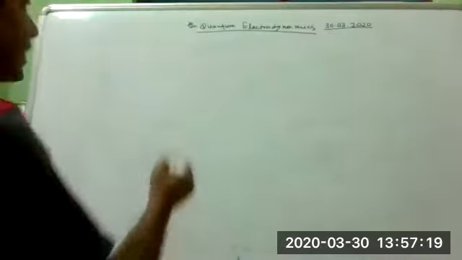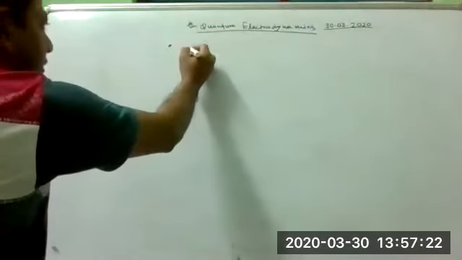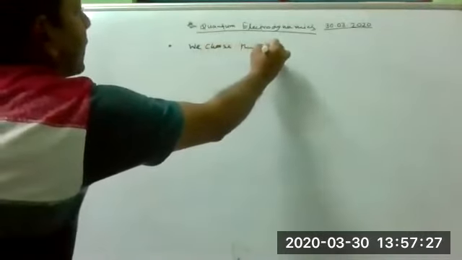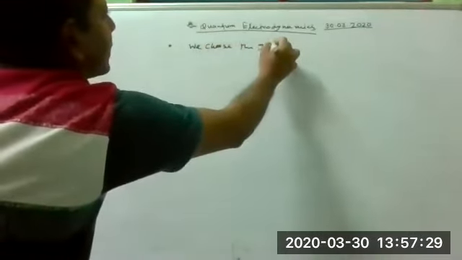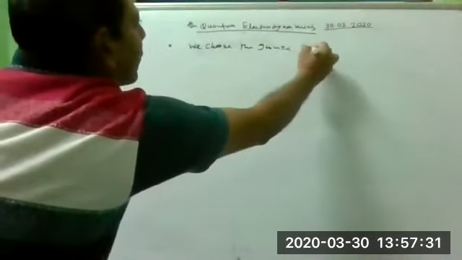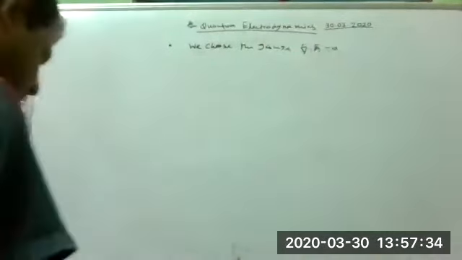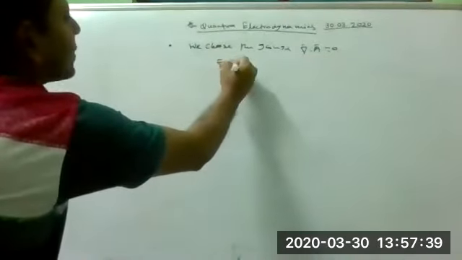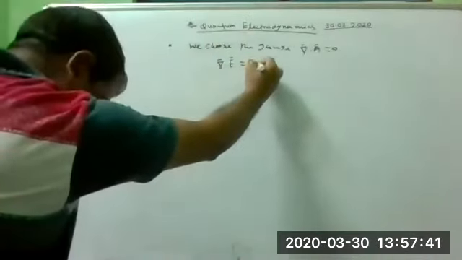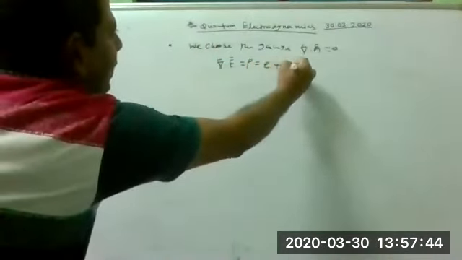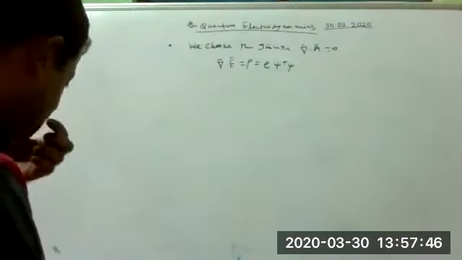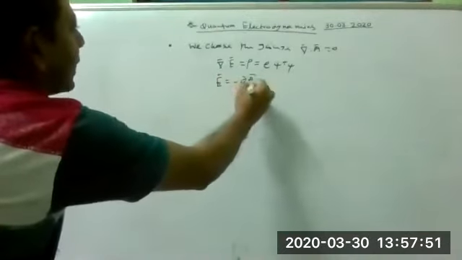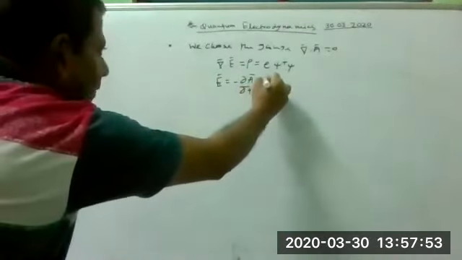Now we choose the gauge, which is actually the Coulomb gauge: divergence of A equal to 0. And also all of you know that divergence of E equal to rho, which is equal to e psi dagger psi from the Dirac field, and E is equal to minus del A del t minus grad phi.